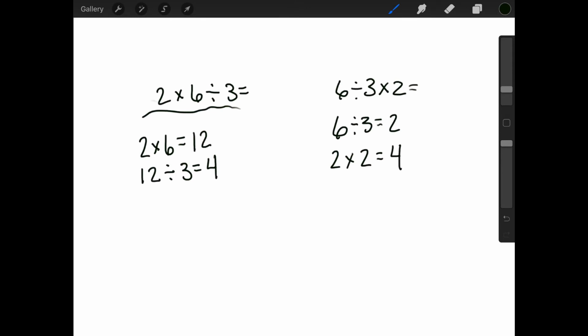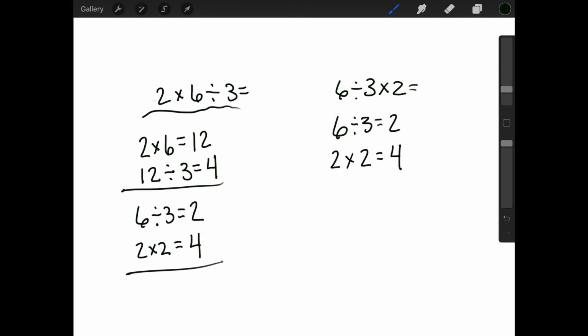Now, alternatively, if we come back over here to the left, if we decide that we want to divide first, we can divide 6 by 3 to get 2. Now we can multiply. 2 times 2 equals 4. So either way, whether we multiply first or divide first, we get to the correct answer.